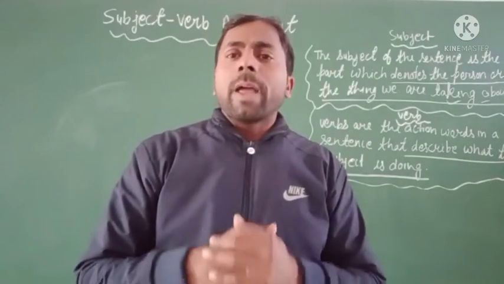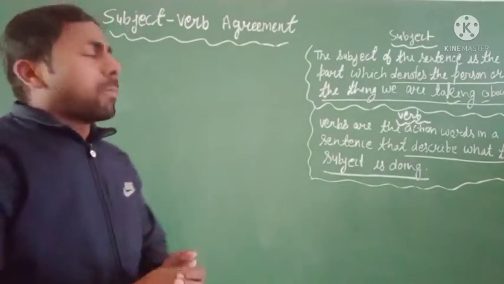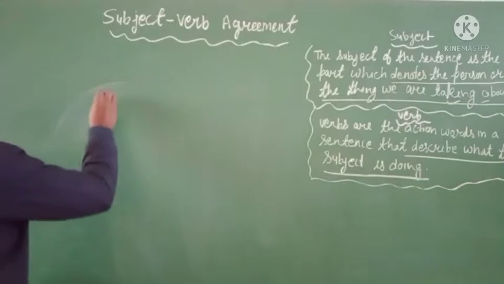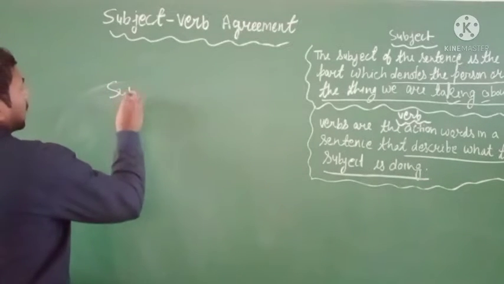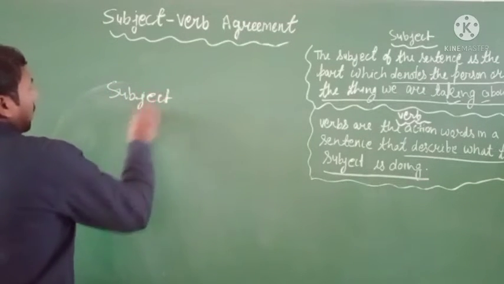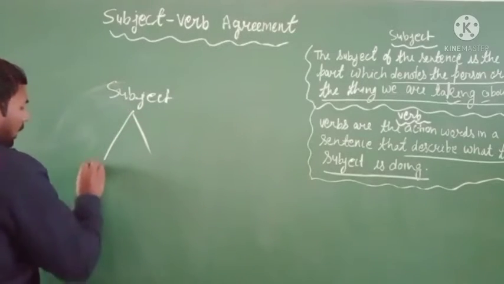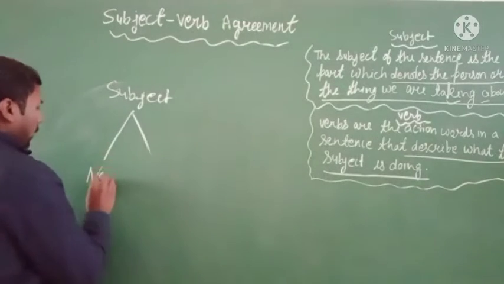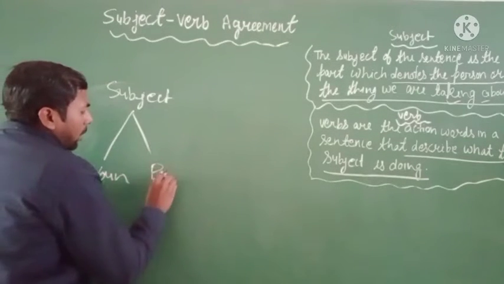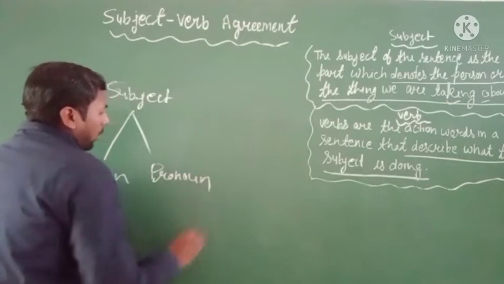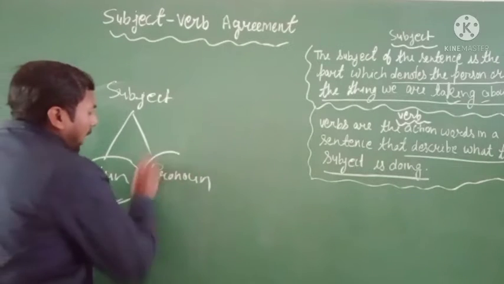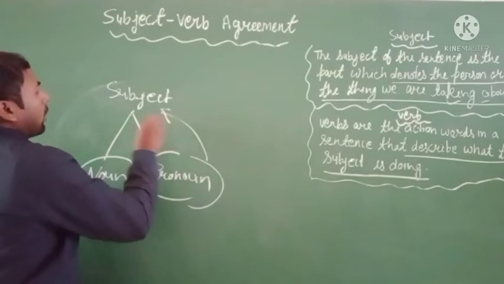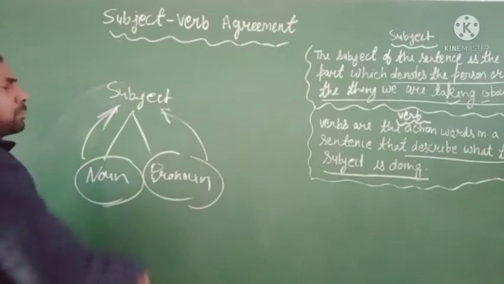In subject and verb agreement, you know very well about the subject. Subject has many parts, and there are two main parts that make the subject: noun and pronoun. With both parts we can make a subject.